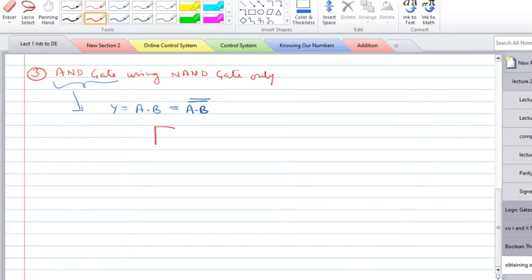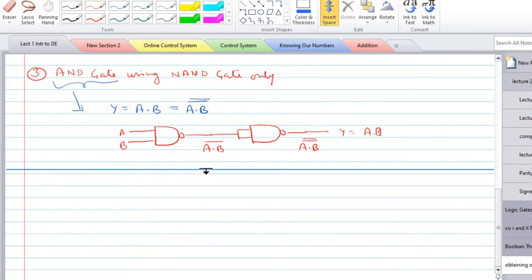So we have to design it first, that will result in A dot B bar, that is one NAND gate, and it is to be inverted once again. So we will get A dot B double bar, and that is nothing but Y is equal to A dot B.